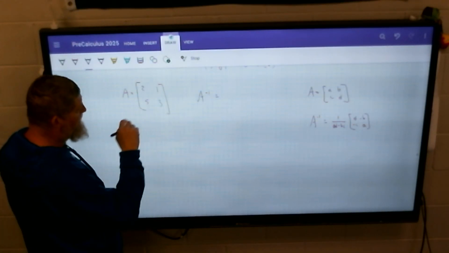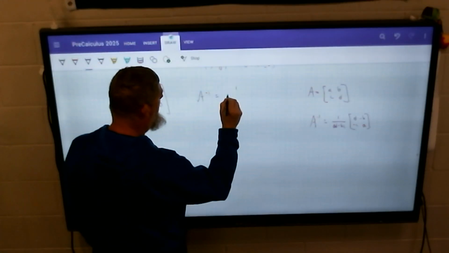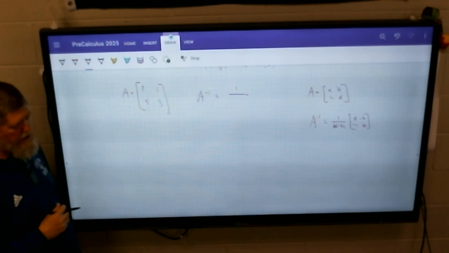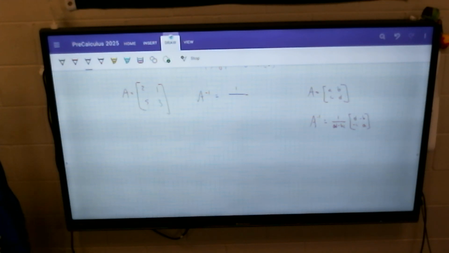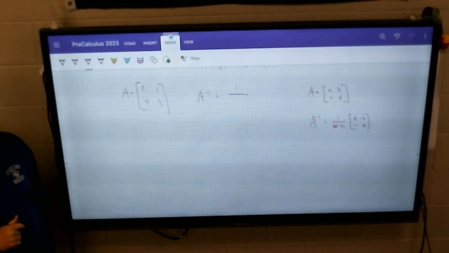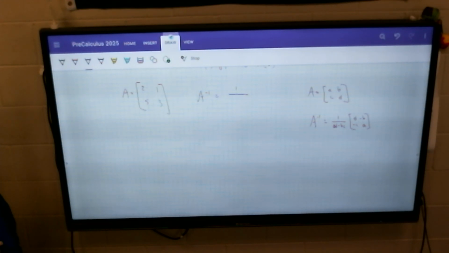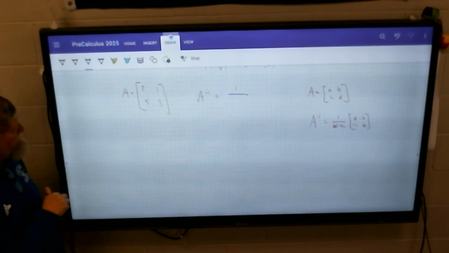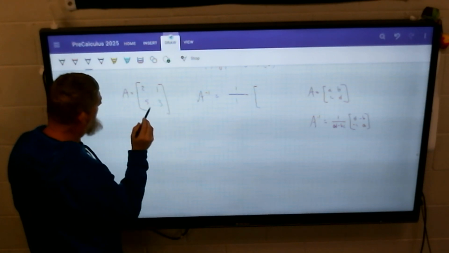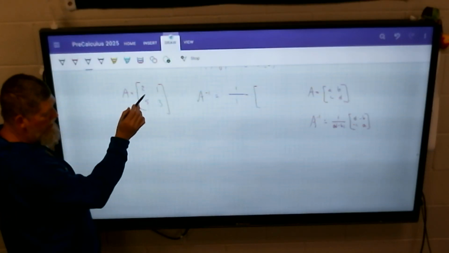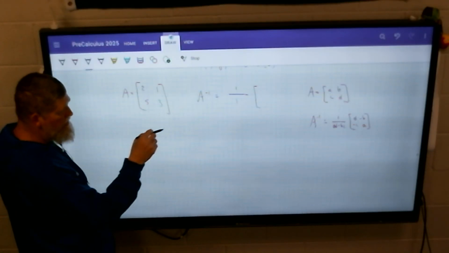So let's try it with this particular one. 1 over, what is the determinant of 2, 1, 5, 3? It was 1. Okay. Times, take your A and your D and switch places.